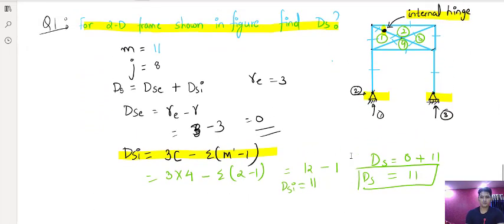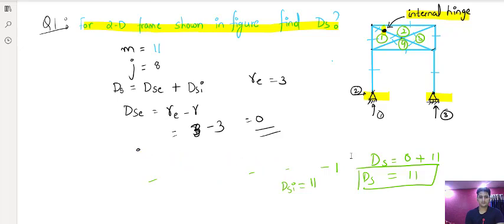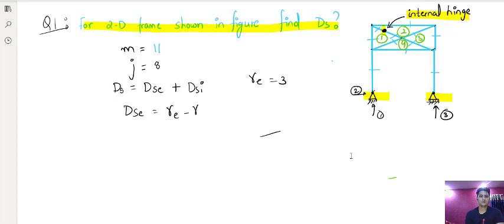You can also calculate the value with the second approach, that was the direct formula. For that we can write the formula. Now the formula for degree of static indeterminacy was DS = 3 times m plus Re minus 3J.